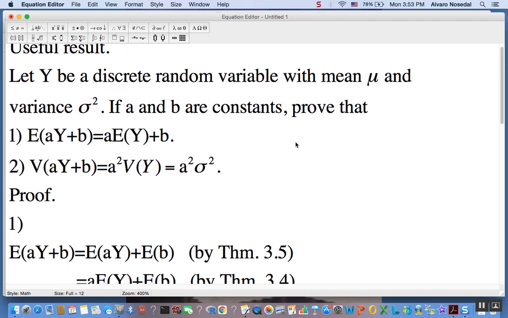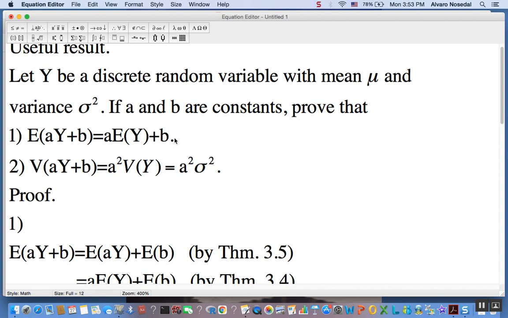What you have to remember again is that if you have a mathematician friend, what he or she will tell you is this: if you have an original random variable and you create a linear combination like this, a times y plus b, it turns out that the expected value of a times y plus b equals a times the expected value of y plus b.